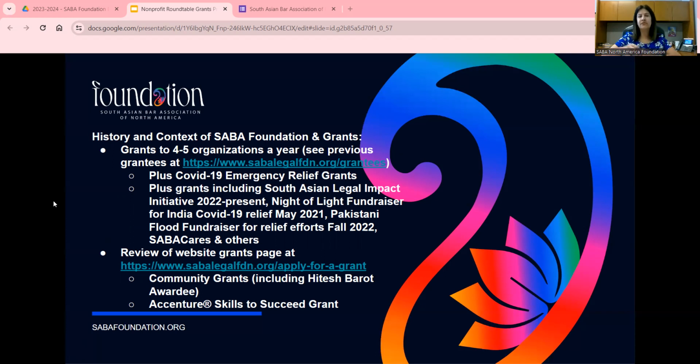Some of these examples: during COVID-19, in addition to the typical 4 to 5 grants we award in a year, we also provided an additional amount of COVID-19 emergency relief grants for applicants.